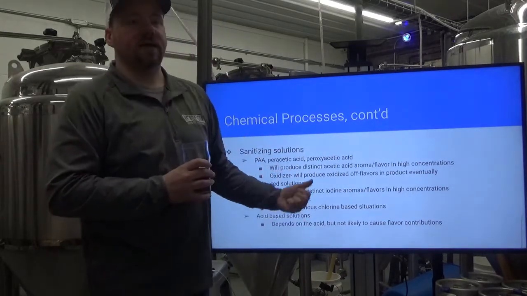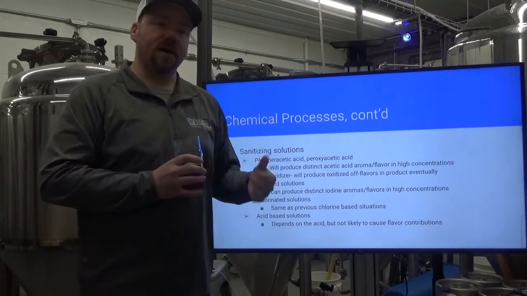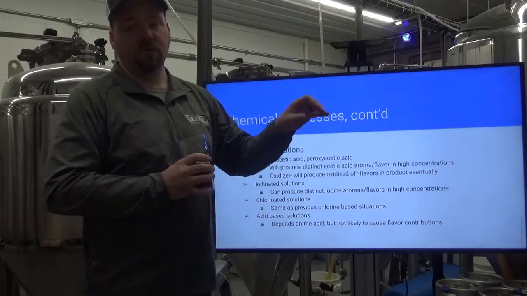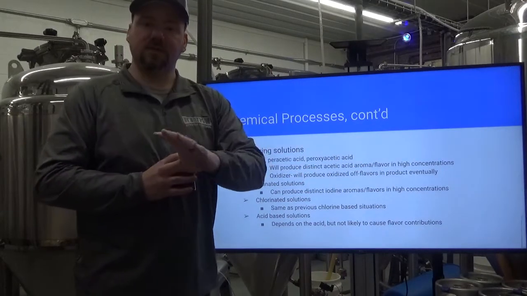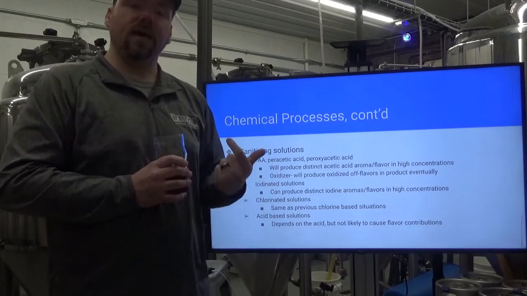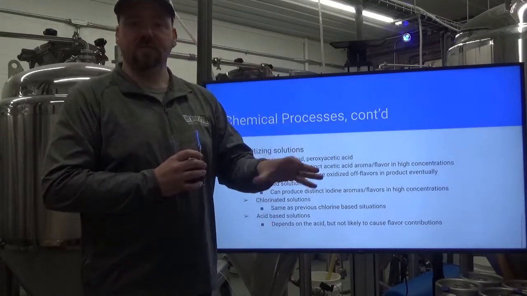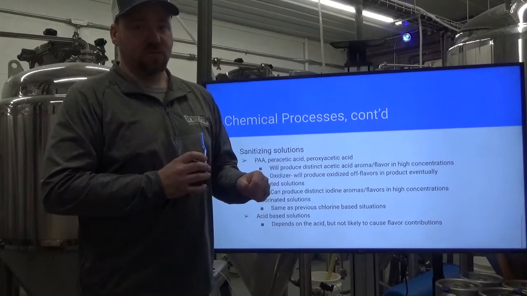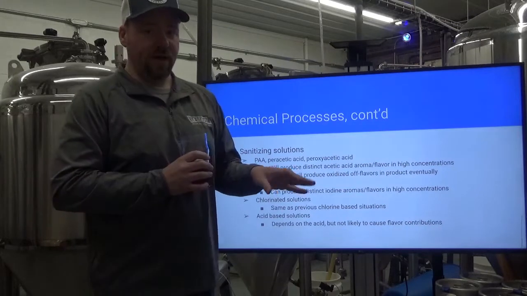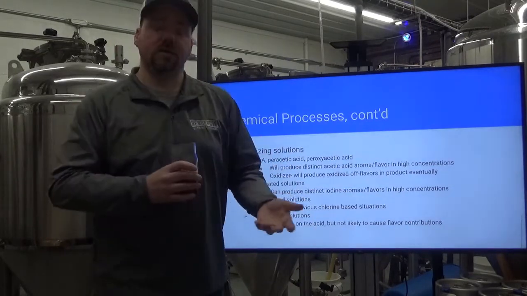PA, peroxyacetic acid, is also an oxidizer. So if it's not allowed to drain from your finished products, or if you use it to sanitize a serving vessel like a keg, a can, or a bottle, if you don't allow it to rinse out, drip dry, not dry, but get a lot of that residual chemical out, it will oxidize your product, and rather quickly as well.